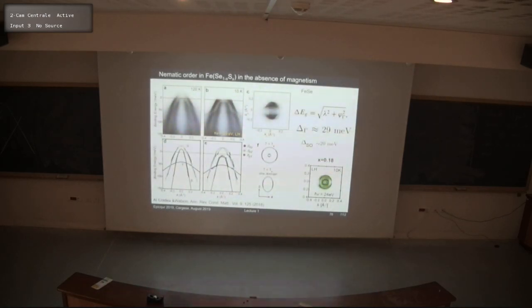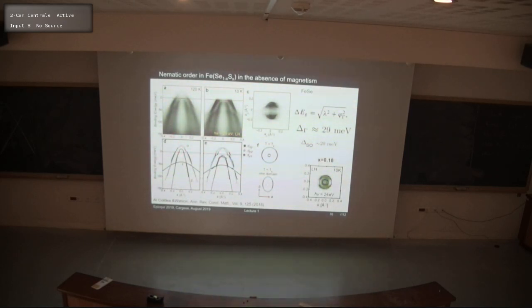And if we look at the experiments, this is the case of iron selenium sulfur, these are the hole bands. This is above the structural transition, so this is the tetragonal phase. Now this is inside the nematic phase, and indeed we see that the bands look like they repel each other.